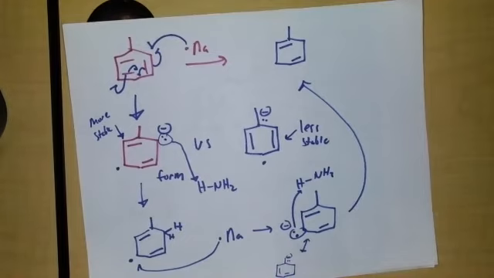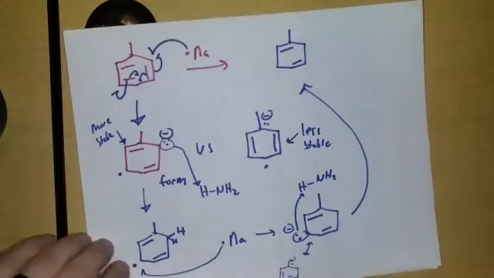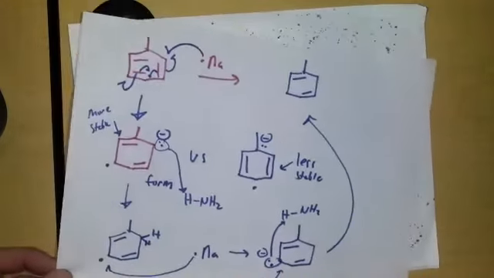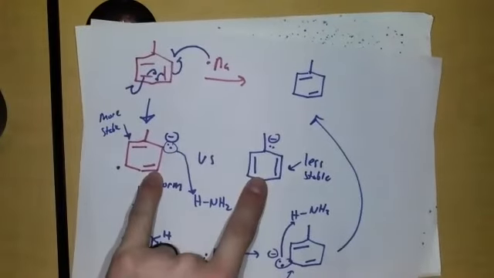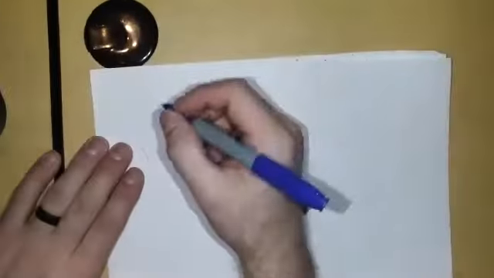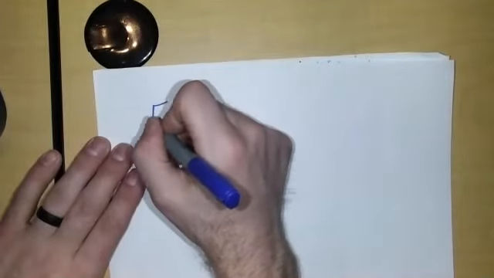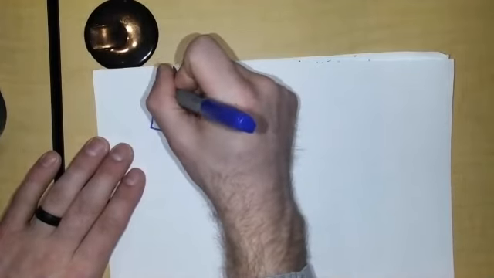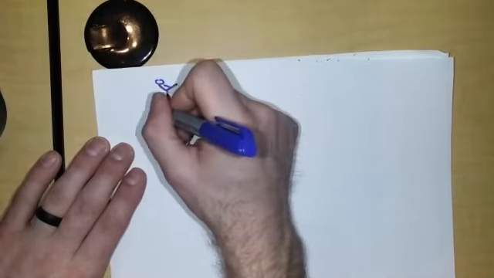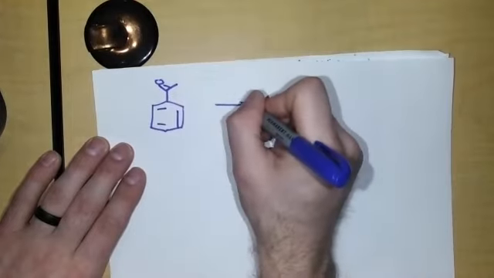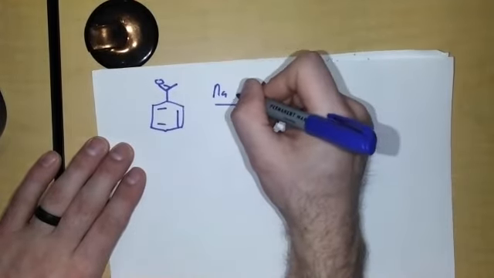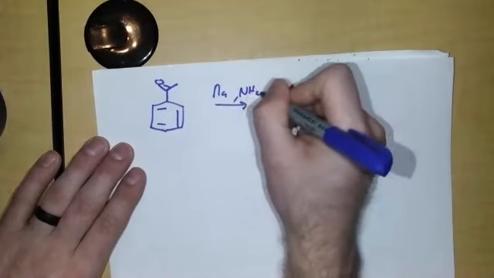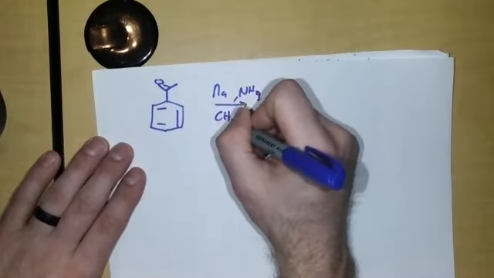So I said that benzaldehyde is a little bit different. And that's going to have to do with the stability of this position here. So same reagents, Na, NH3, methanol is our solvent.